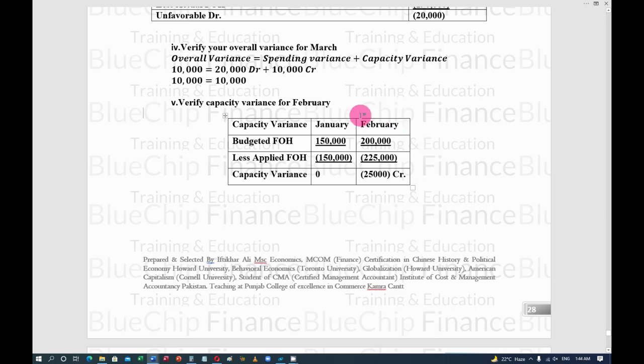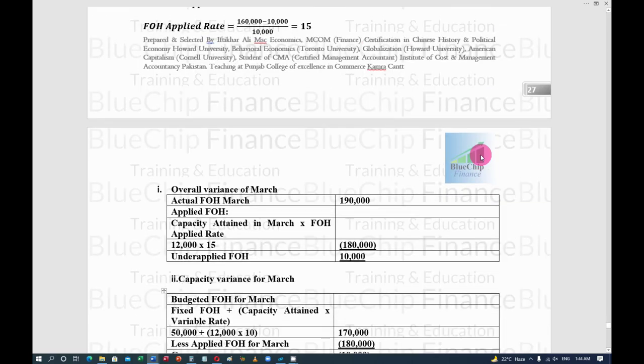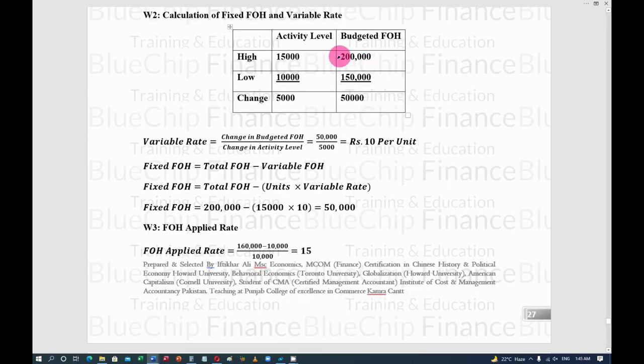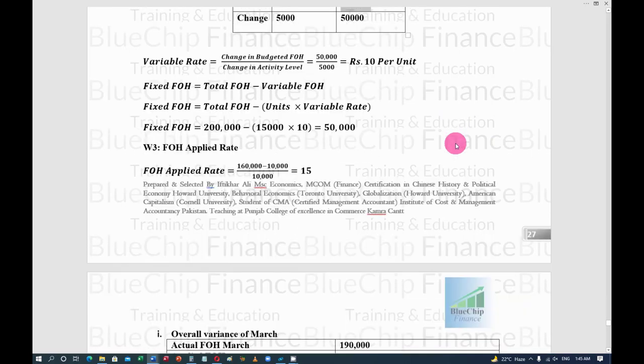Just make this simple calculation and it will be very easy. We are going to verify the capacity variance for February and also for January. For the capacity variance, first of all note the budgeted FOH for January and February, which we adjusted here. For February it is 2 lakh, and for January it is 150,000.